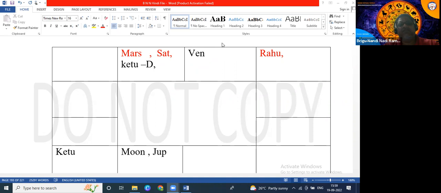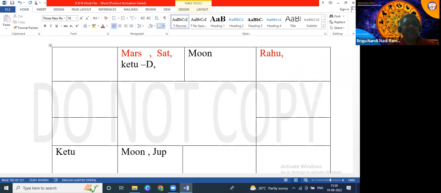Suppose Mercury is there. Mercury is skin, tongue cancer, throat cancer, thyroid-related cancer. And Mars is there, leukemia, already we have discussed. And Moon is there: Moon is breast cancer.